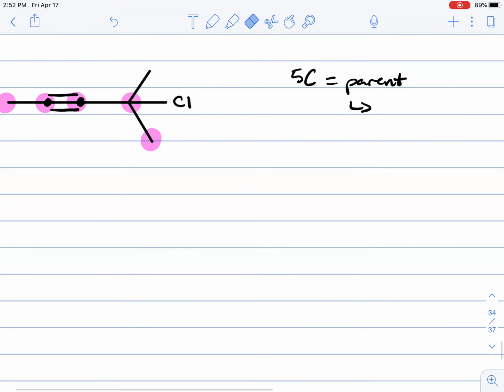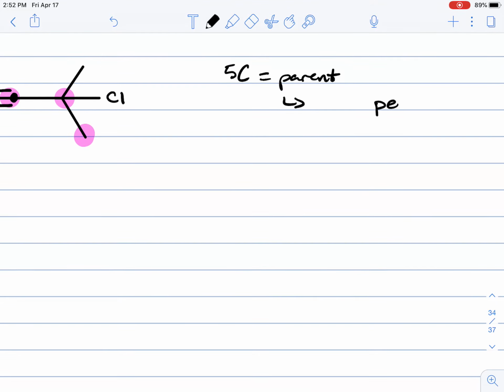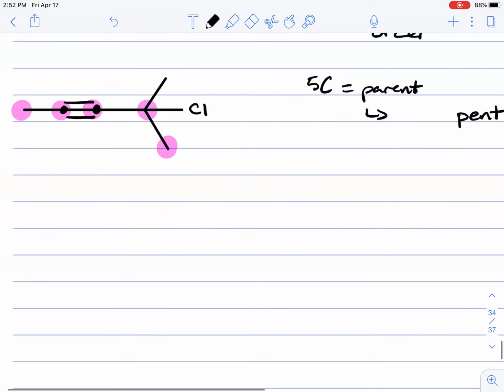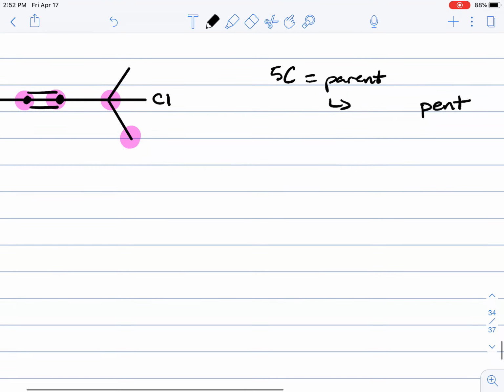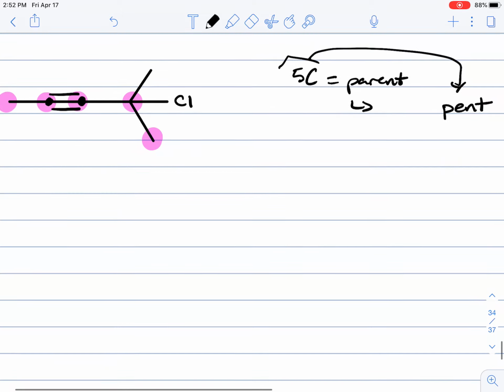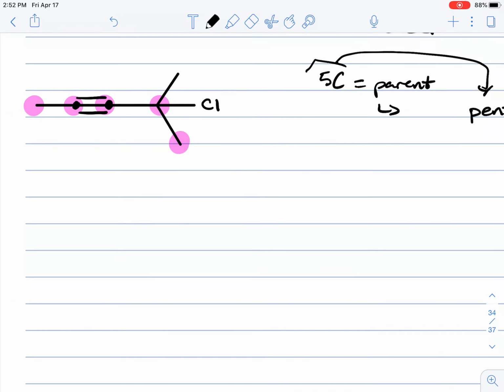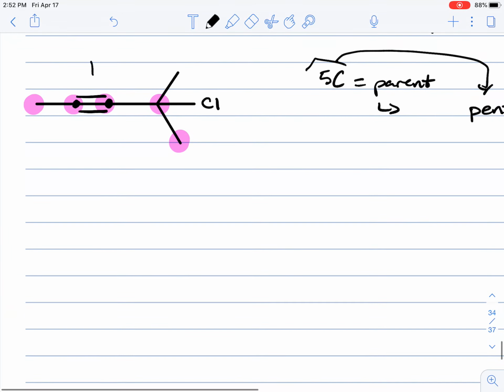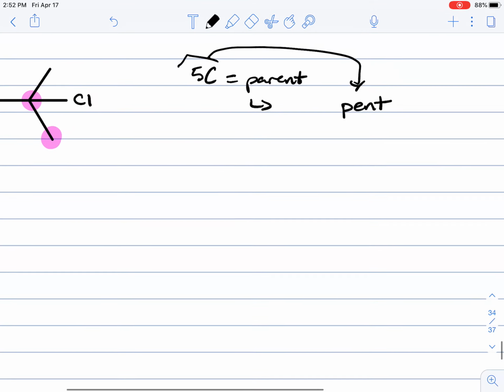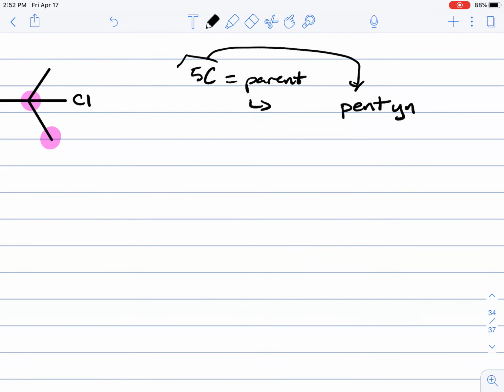Maybe I'll erase this, give it some more space. Okay. So 5 carbons is pent. And I have a triple bond, so I need to use the suffix yne, pentyne, okay, all in one word.